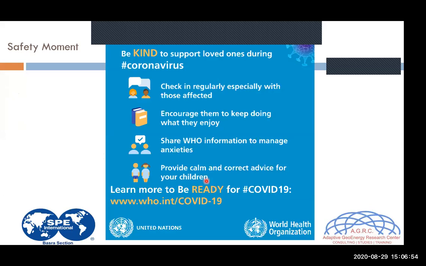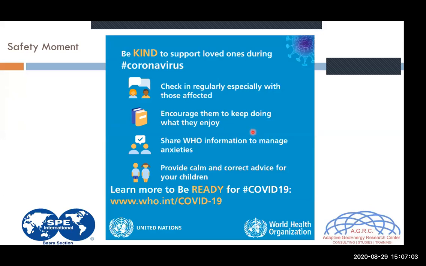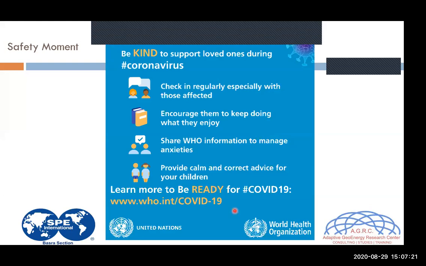So please, for those people affected, encourage them to keep active and to do what they enjoy doing. Share important information from a reliable source, okay? And try to provide some calm and correct advice for children, especially in these difficult moments. If you are interested in more information about COVID-19 issues, please go to this link and see some reliable information, okay?